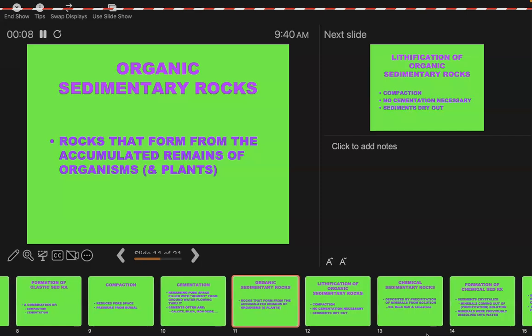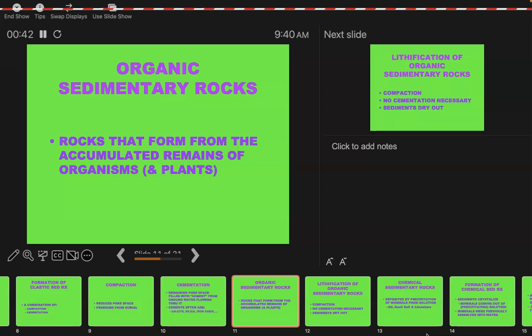So, much like clastic sed rocks, organic sedimentary rocks are made of bits and pieces of stuff that's lying around at the surface. Okay. The big difference here is that a good percentage, and no, we don't really have a number for this, but a good percentage of the clasts, again, the fragments, pieces, parts, are organic in origin.